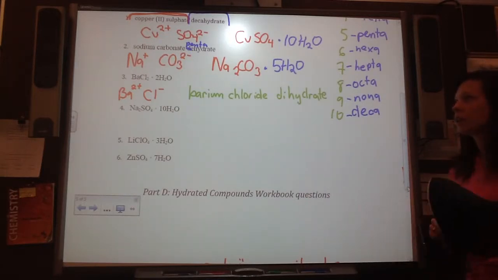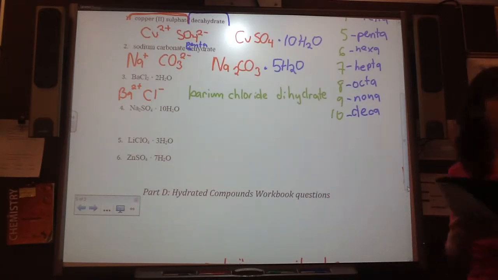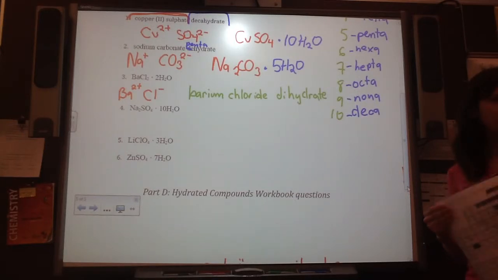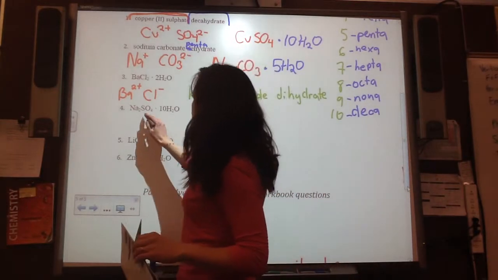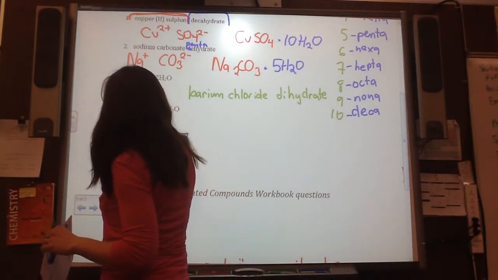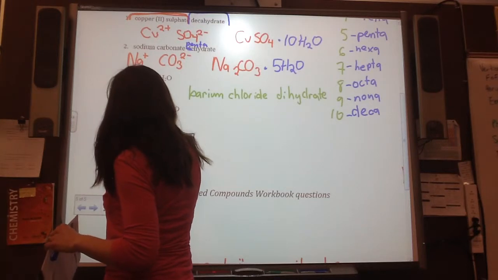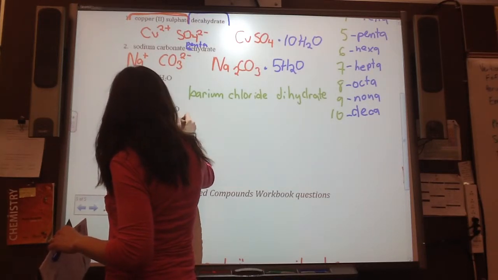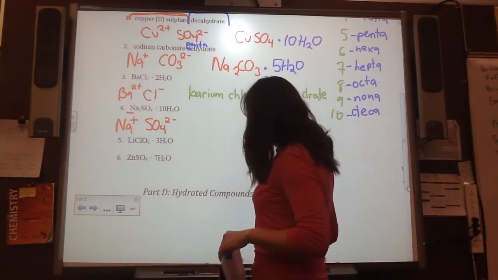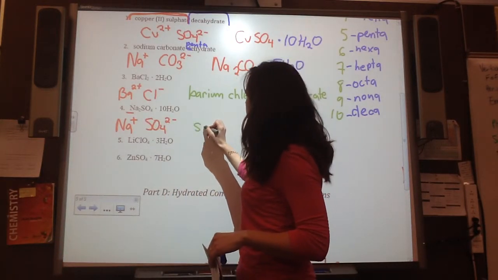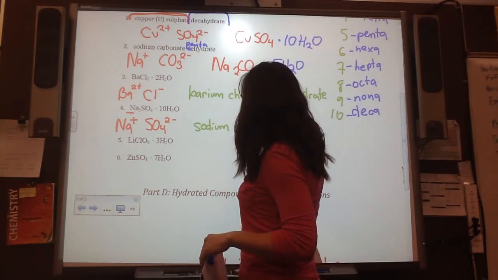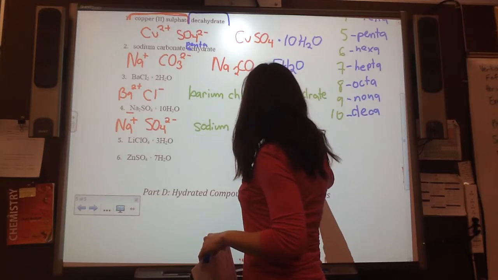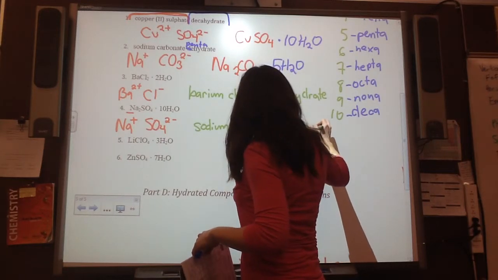Okay. Ready for the next one? Yeah? Okay. So Na is for sodium. The SO4, that's SO4 2-. So that gives me the compound sodium sulfate decahydrate.